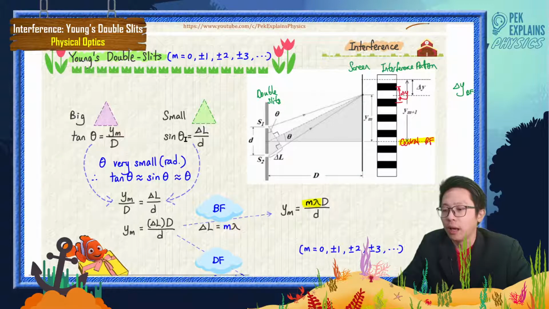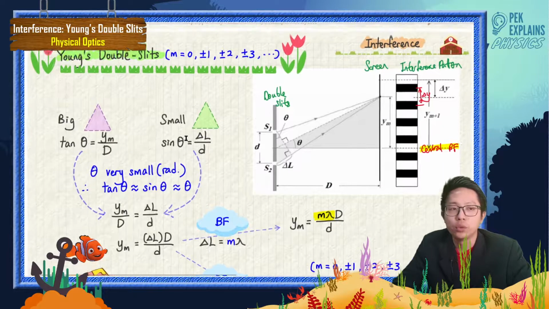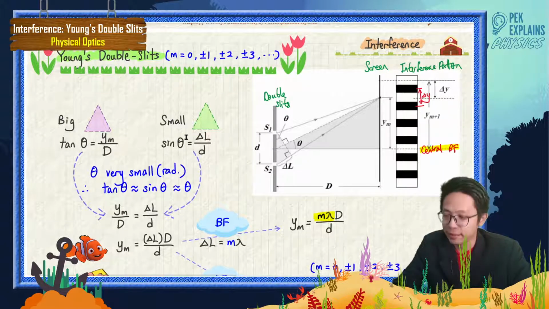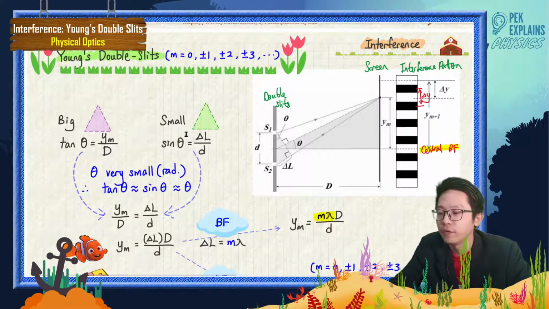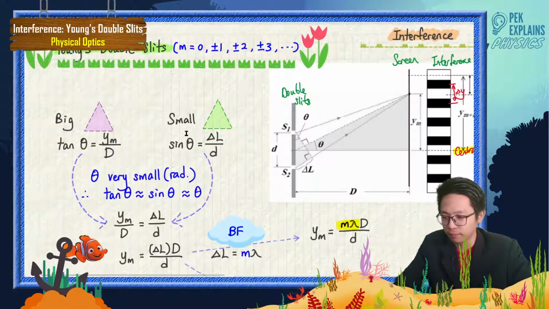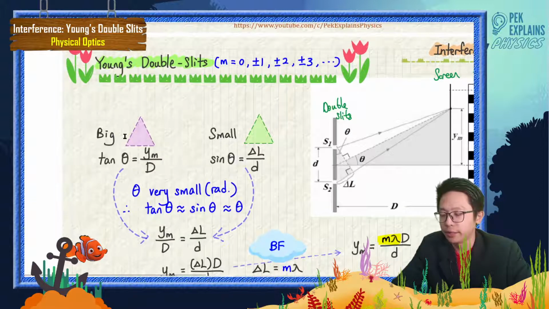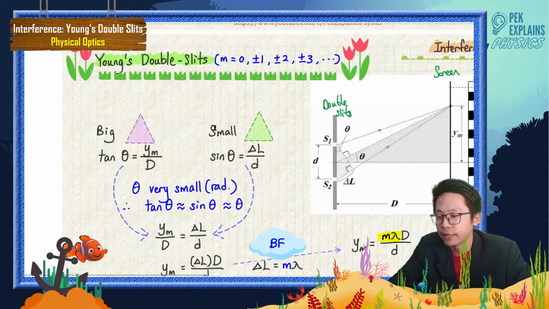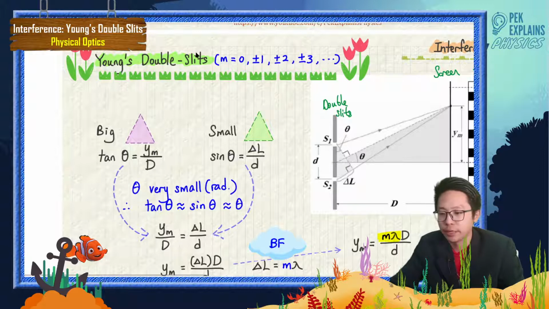To derive, we need to discover two triangles. I start off with the big triangle. Which one is the big triangle? Maybe let's draw out the big triangle.